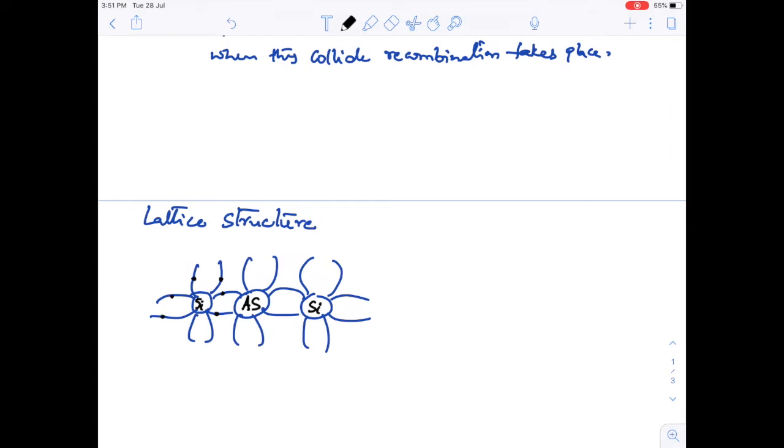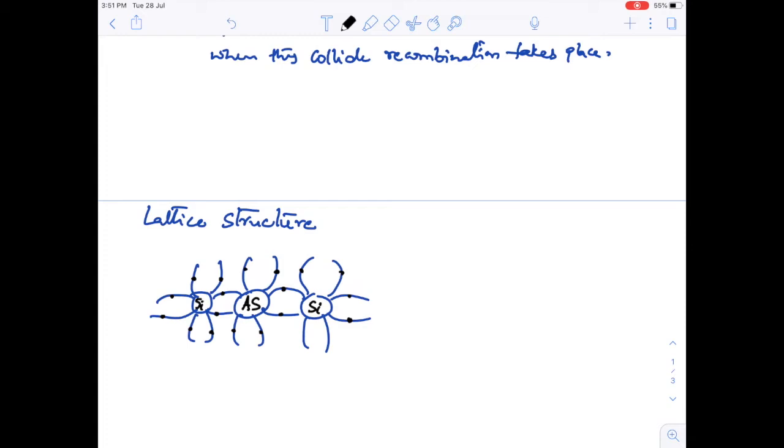So, we know that silicon has 4 valence electrons and arsenic has 5 valence electrons. So, what will happen? The arsenic will form strong covalent bonds and share 4 valence electrons out of the 5 with the 4 available valence electrons of neighboring silicon.